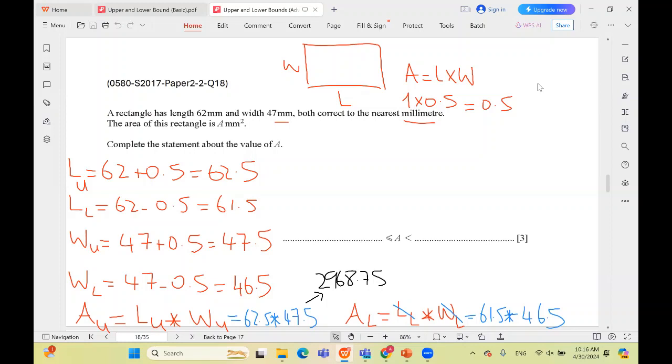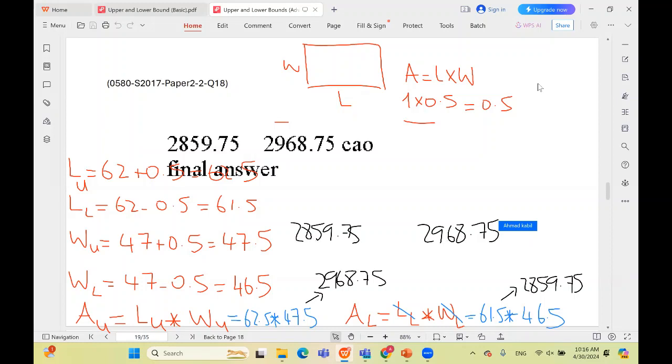And we get 2,859.75. So the lower bound is 2,859.75. And the upper bound is 2,968.75. And these are the correct answers.